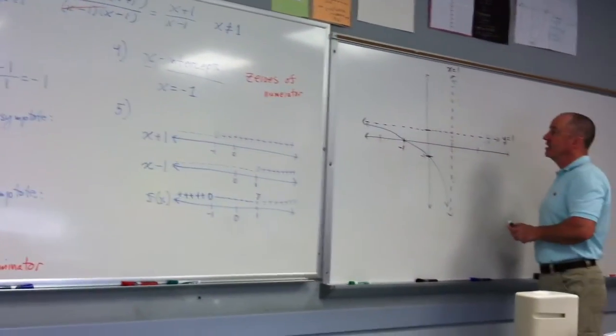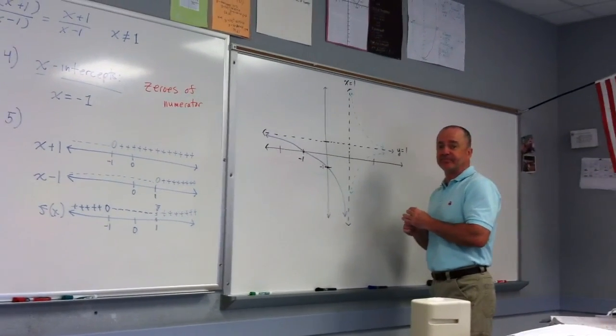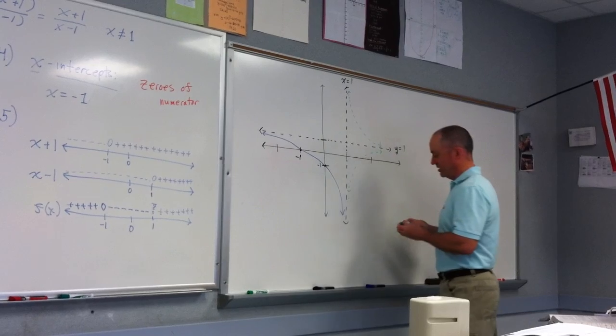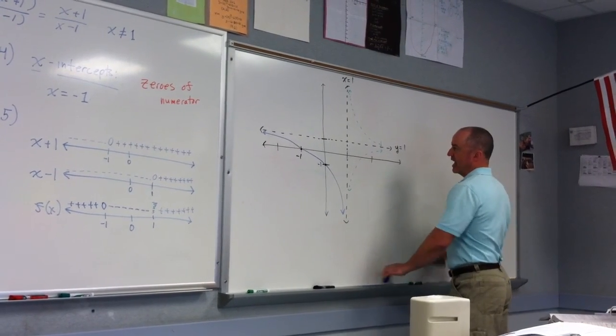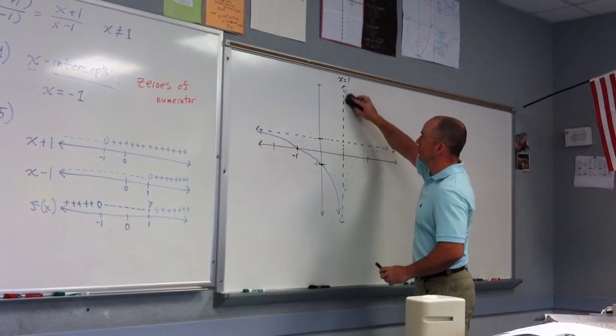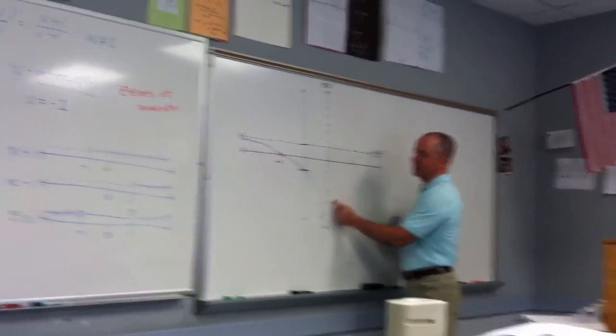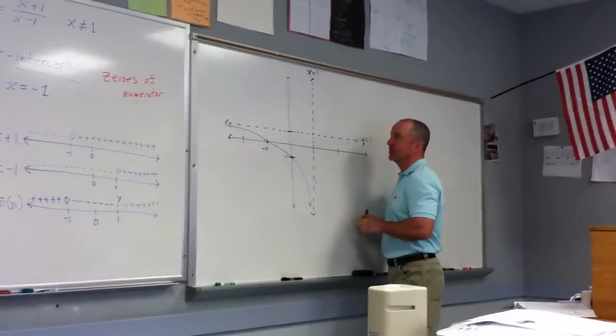So it can't be there on the bottom because it can't hit the x-axis, since there's no x-intercept there. And it has to be positive the entire way, and if it were down here, it would have to be negative in order to snuggle up to this vertical asymptote.